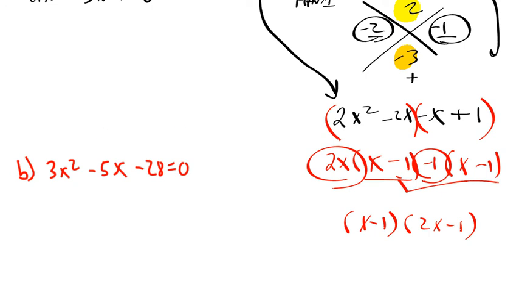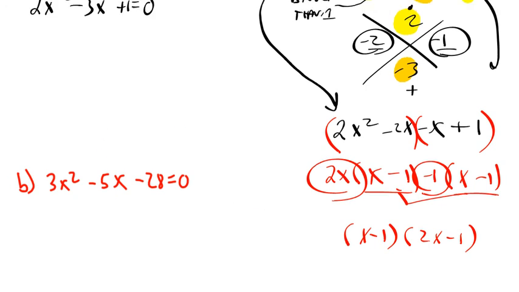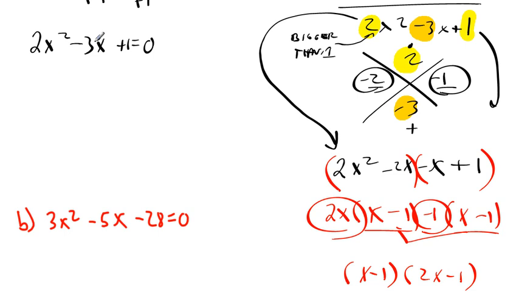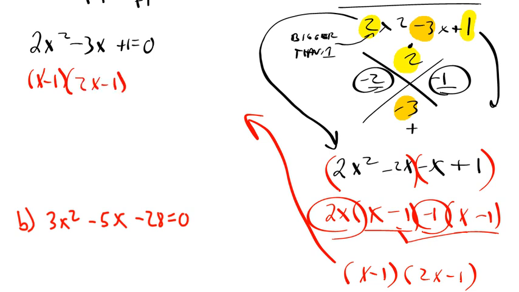All right. So now, watch this, I can replace the 2x squared minus 3x plus 1 with this. That means x minus 1 times 2x minus 1 equals 0.